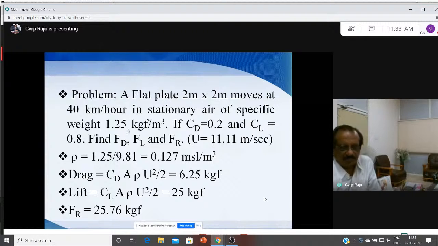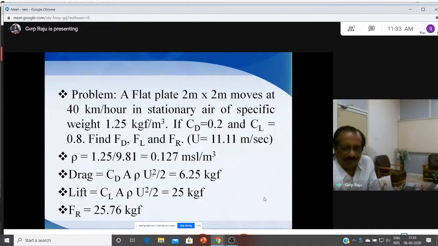He has given the specific weight, and specific weight is equal to W by g, which gives rho 0.127. Then you use the drag equation, CD A rho U square by 2, and lift is CL A rho U square by 2. The coefficient of drag is 0.2 and the area is 2 into 2, 4 square meters, and rho is 0.127.